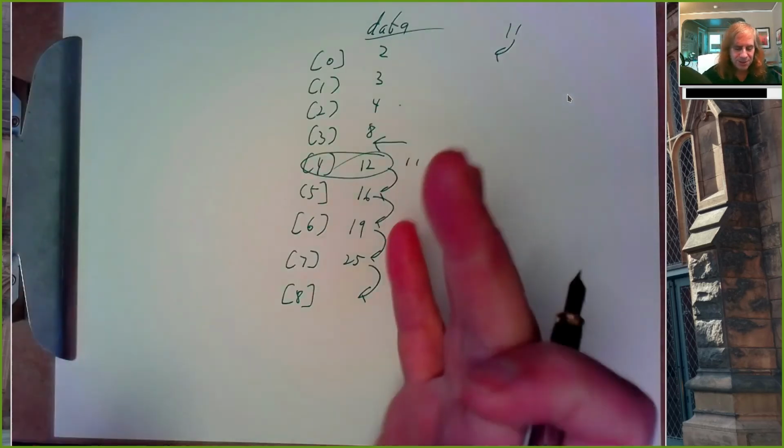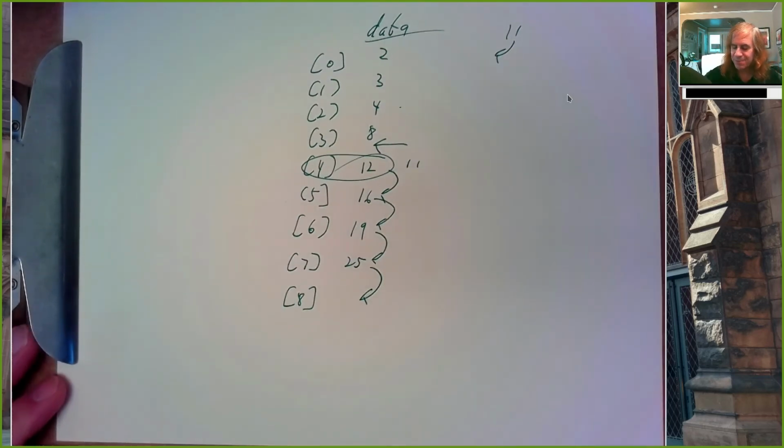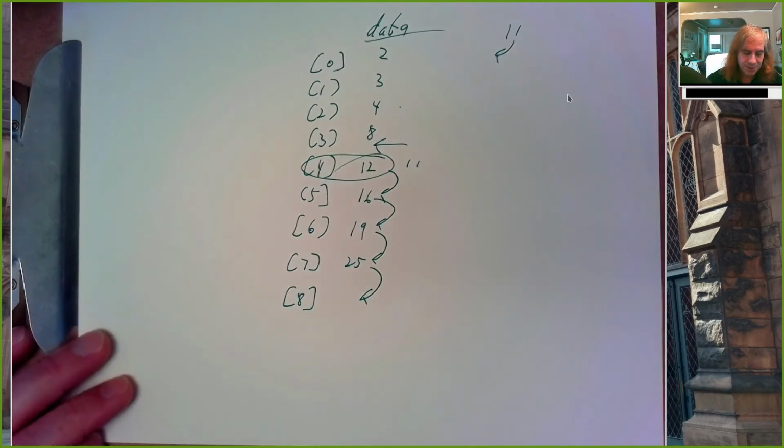All right. So this is this memory map from yesterday where we had an array and we looked at where those elements of the array were stored.